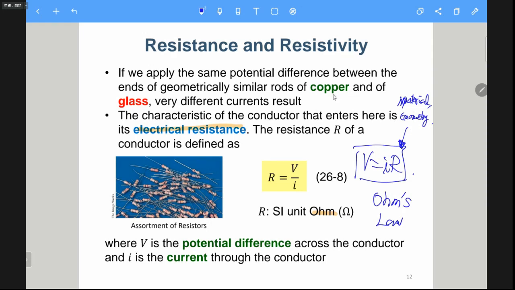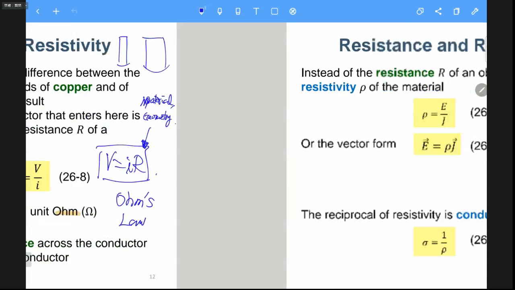Like copper is a conductor, so the resistance will be small, and if it's an insulator, the resistance is large. If it's silver or gold, the resistance will still be different, even though the geometry is the same. And if we have two copper wires with different geometry, then the resistance will still be different. We will explain it later.